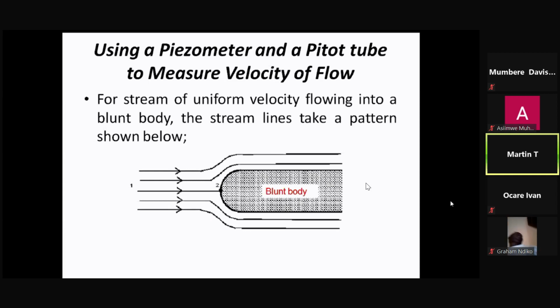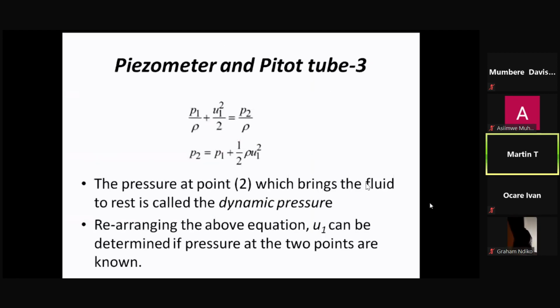So we remain with P1 over rho G plus V1 squared over 2G is equal to P2 over rho G. Crossing out G, because it is common in all the denominators, we remain with what you're seeing on your screen: P1 over rho plus V1 squared over 2 is equal to P2 over rho.